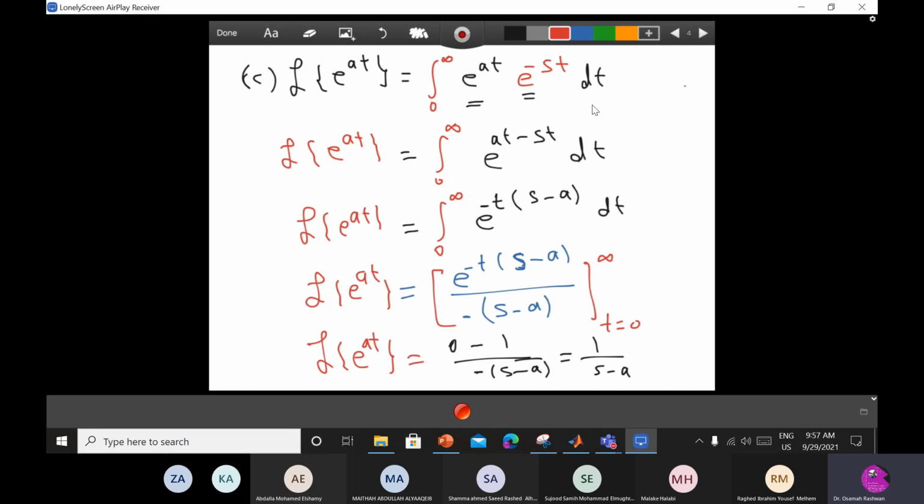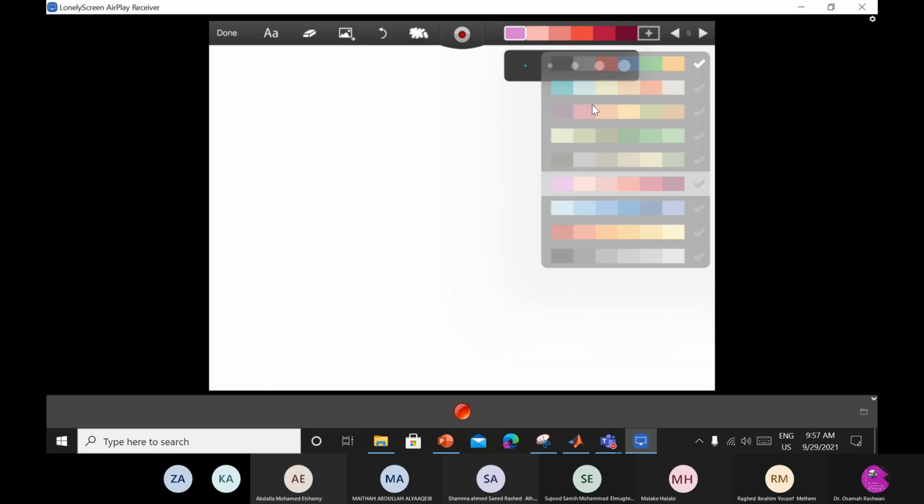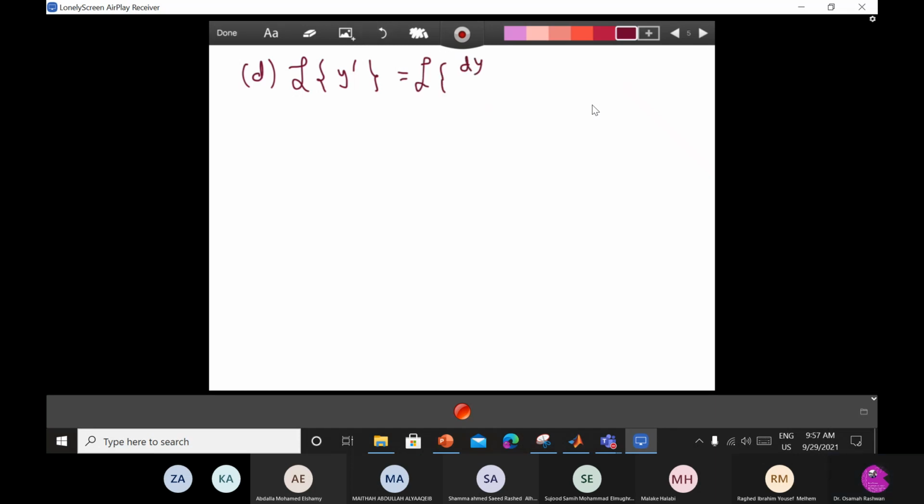Now let's go for the fourth one. I would like to have the Laplace transform for y dash, or f dash of t. It's up to you. Let's use L of y dash, which is the Laplace transform for the first derivative dy by dt.